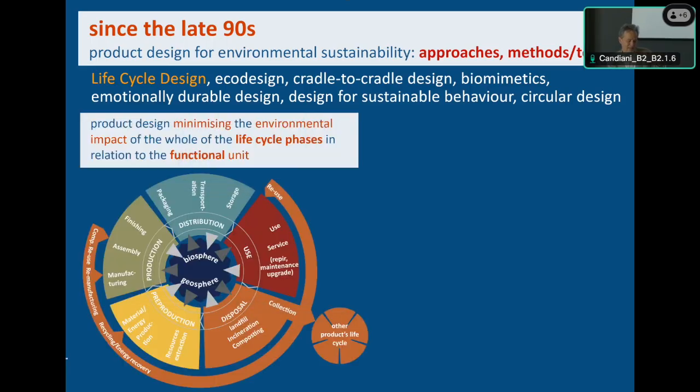But indeed, the two key points that emerged as understanding in the research and then went into education and to the designers was the concept that we have to consider the whole life cycle in relation to the impact. So when we produce a material, when we produce the product, when we distribute, when we use it, when we dispose of it, and we have to consider it in relation to the functional unit.